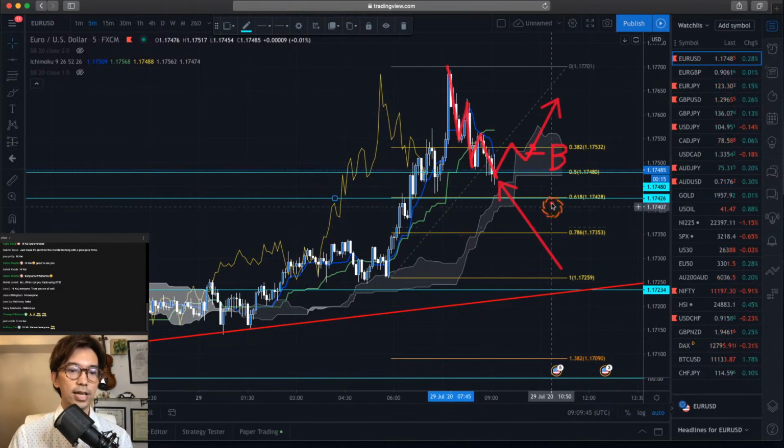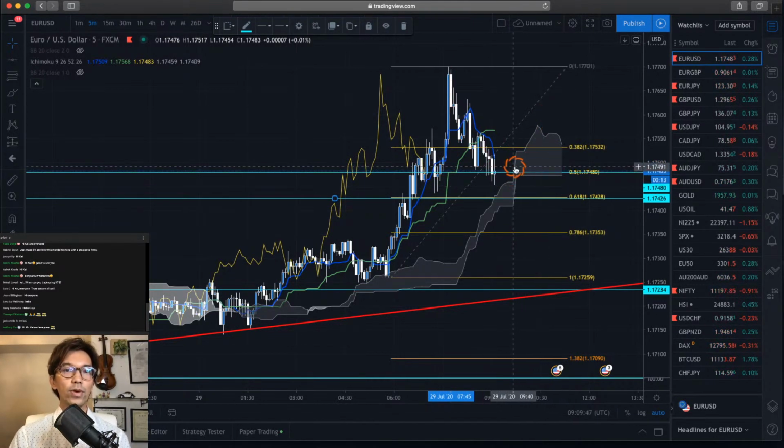So at this time right now, we cannot really be sure whether this 50% level is going to be support or not. So there are two scenarios, right? Always create multiple scenarios when you take trades.